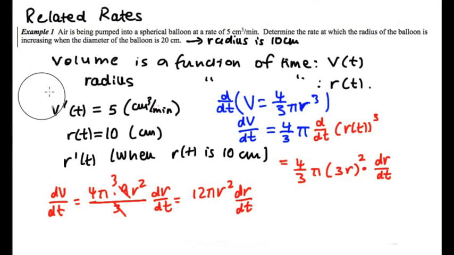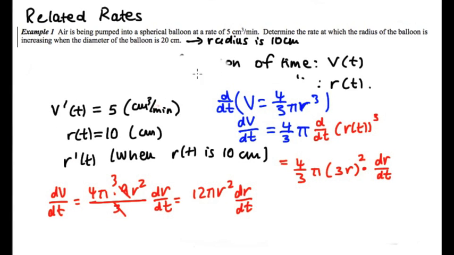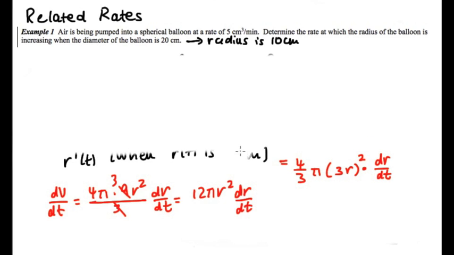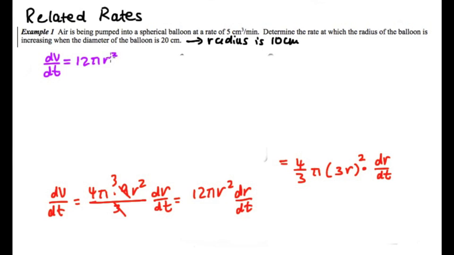So I'm going to erase this top here so I have more room to work with. Sorry. And so we have, let me just rewrite this so it's a bit more viewable. dV/dt is equal to 12 pi r squared times dr/dt.